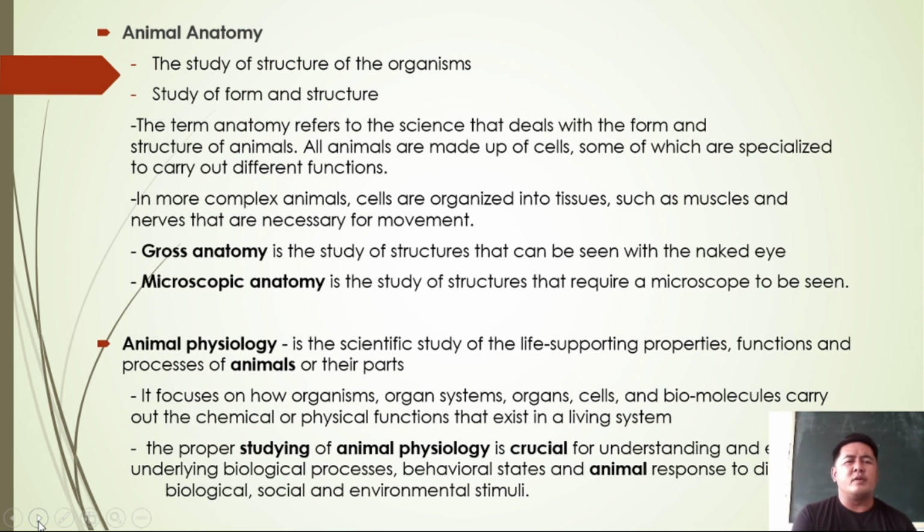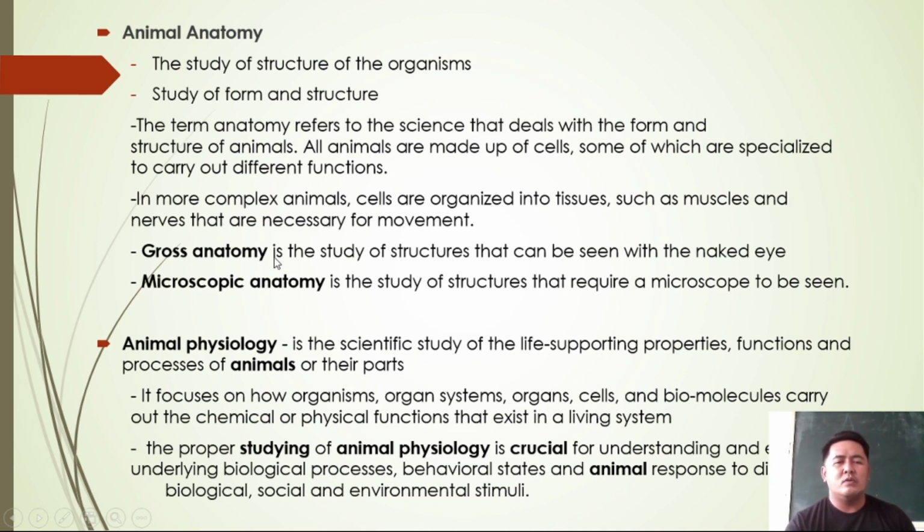The term anatomy refers to the science that deals with the form and structure of animals. All animals are made up of cells, some of which are specialized to carry out different functions. In more complex animals, cells are organized into tissues, such as muscles and nerves that are necessary for movement.